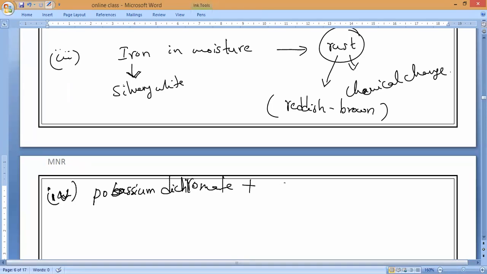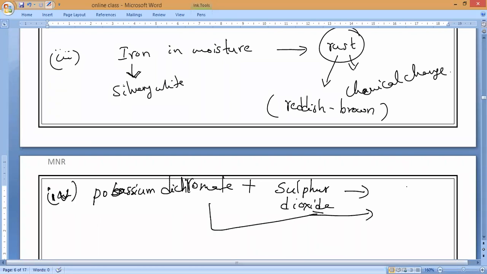Dichromate reacting with sulfur dioxide. What is that? Sulfur dioxide. Then it will change, who will change? Potassium dichromate will change into a green color. How will it change? It will change into green color. Understand?